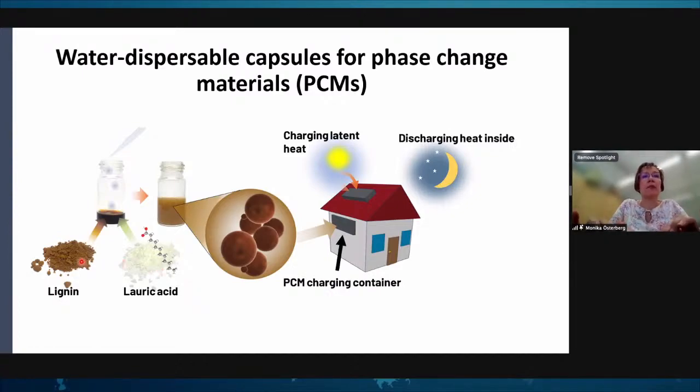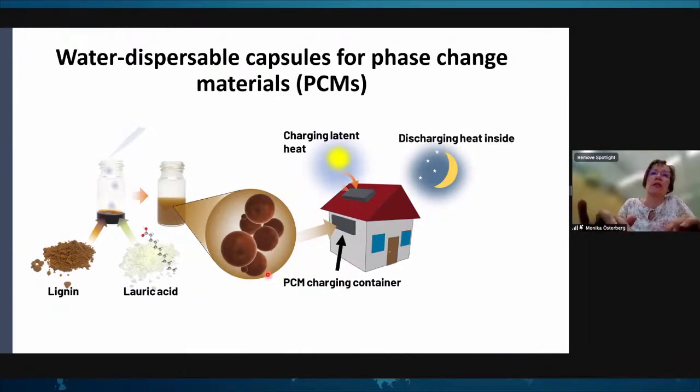And again, same principle: we dissolve both components in the solvent, and then we precipitate in water, and we form these hybrid particles. And these can then be used to store energy during heating, and then discharge heat when it's cooler.